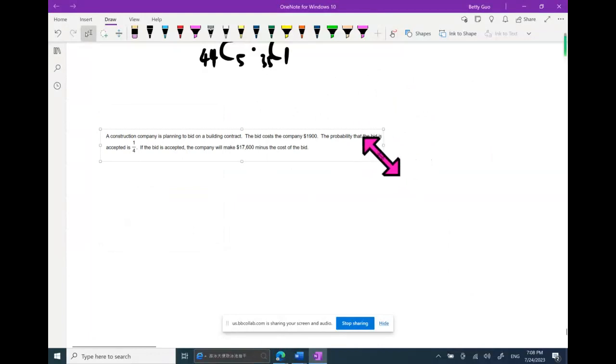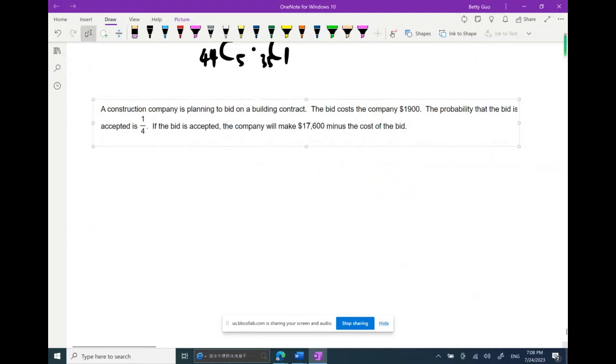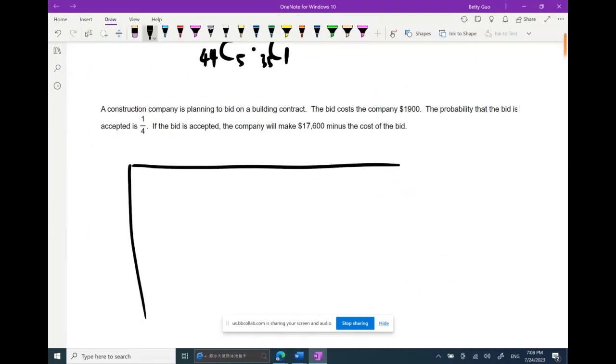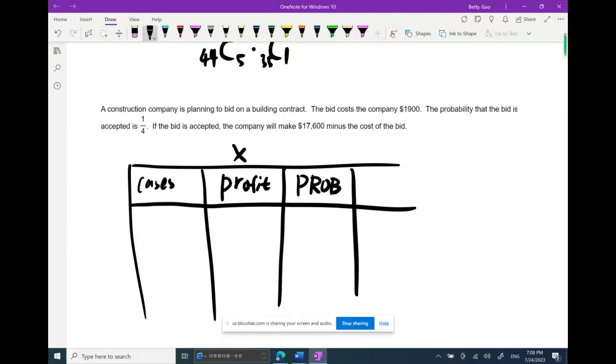The first column, cases. I do not use outcomes because some of them are not outcomes; outcome has a specific meaning in probability. The second column is the profit, that's our random variable. The third column is the probability. And the last one is the product.